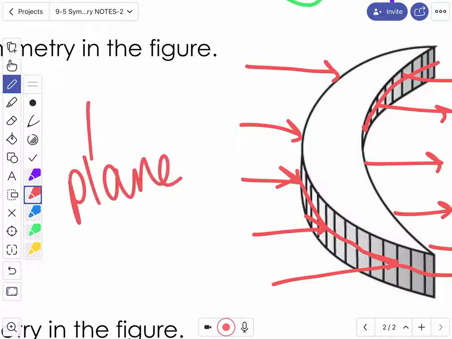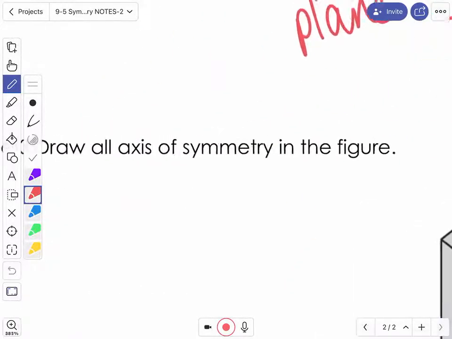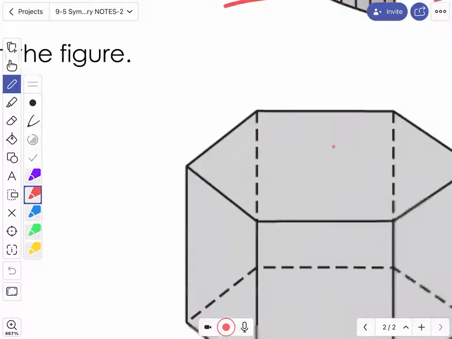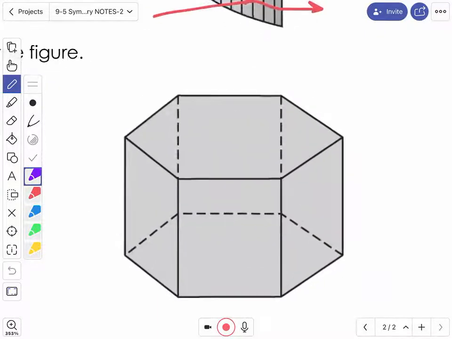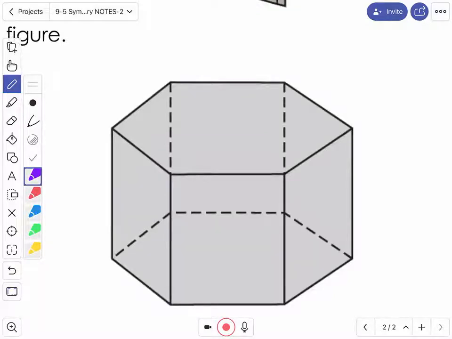All right, our last example for the axis of symmetry here. So we have a hexagon prism or hexagonal prism. The overall shape of this, find the two bases of these. In this case, it's the hexagons. So the only way I can do axis symmetry here is if the axis passed right through the center of this hexagonal prism.